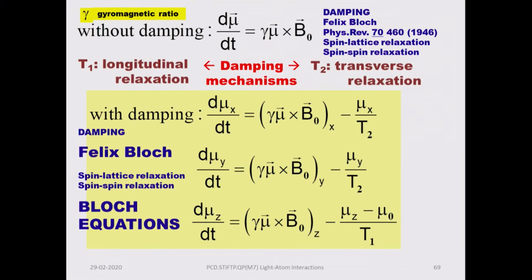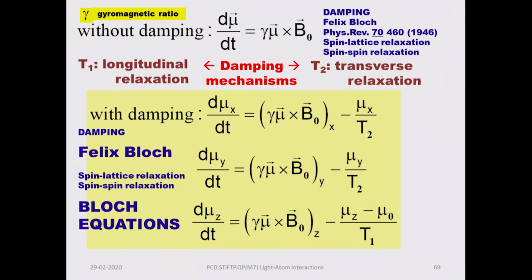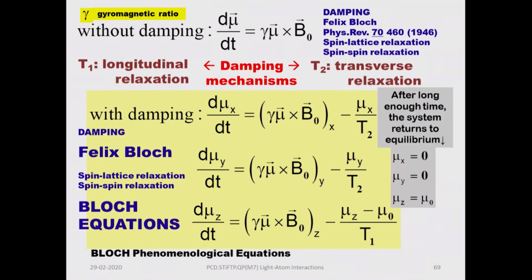So, we are considering the magnetic field to be about the z axis, and then the component along the z axis will be scaled by T1, but then it will be proportional to the difference between mu z, the z component of the magnetic moment, and mu naught. Okay? So, these are the Bloch equations or Bloch phenomenological equations.